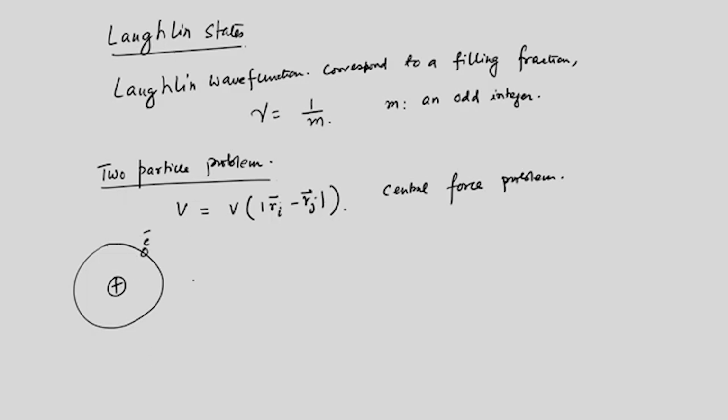So the V is like minus e square over R, where R is the distance between the, or you can write it as Ri minus Rj with respect to a certain origin, and usually the nucleus is taken as the origin. So, one can write it as R, where R is the radius of the atom.